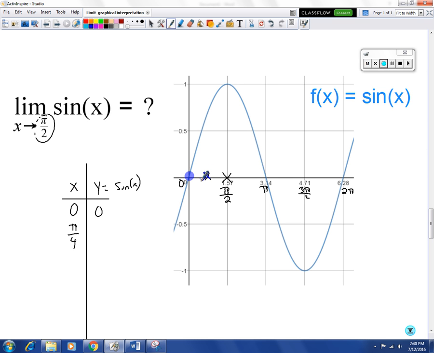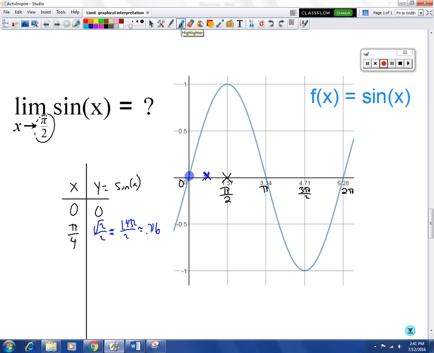If you remember the unit circle or use your calculator, the sine of pi over 4 is square root of 2 over 2. Now the square root of 2 is approximately 1.414. When we divide that by 2, we get about 0.707, about that.